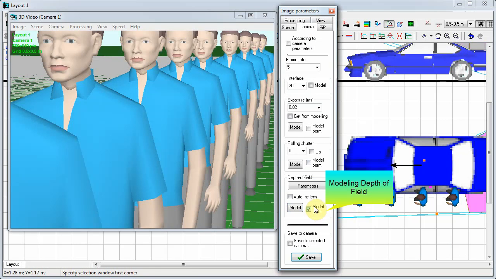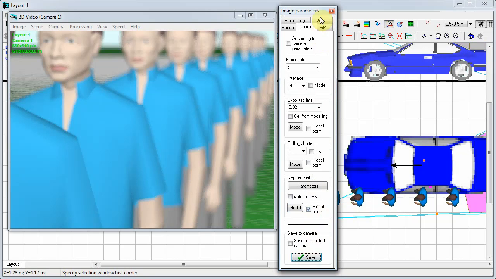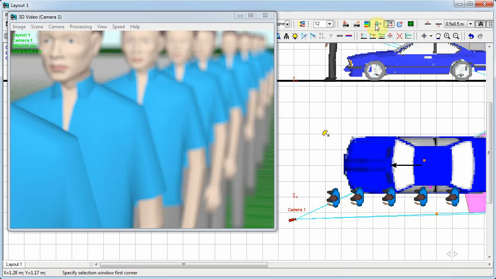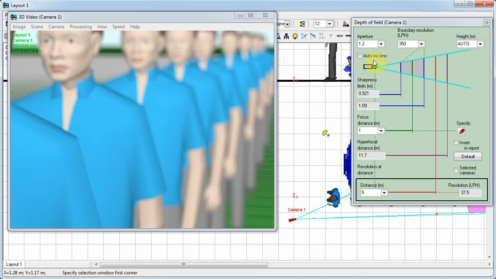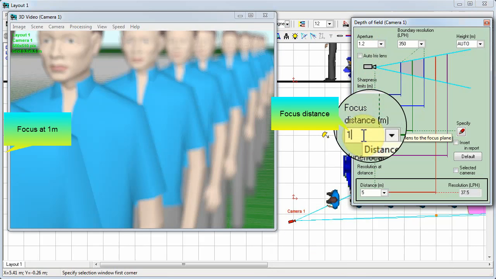Enable modeling of depth of field. Open the depth of field box. Change the focus distance and watch the 3D image.